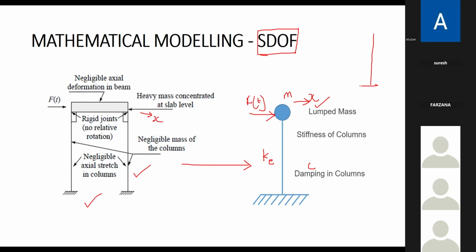Suppose I have another example: a mass moving in the x direction, the y direction, and the z direction also. Even though it is one mass, it is moving in three directions. We call this a 3 degrees of freedom system.